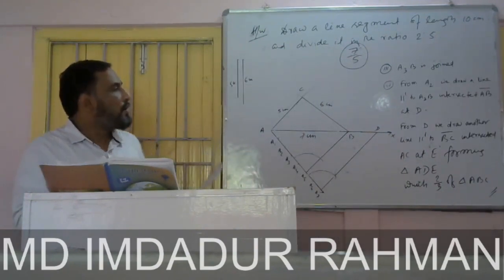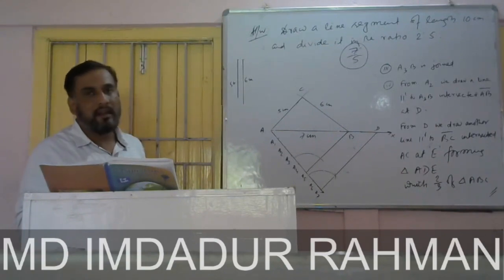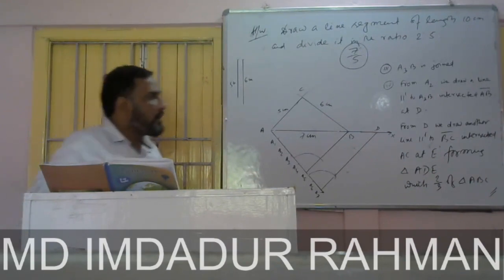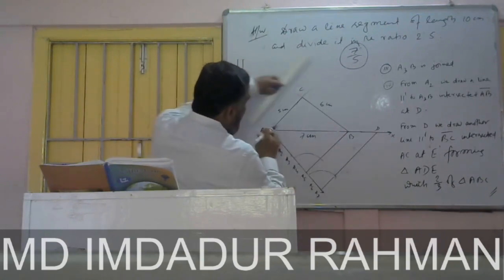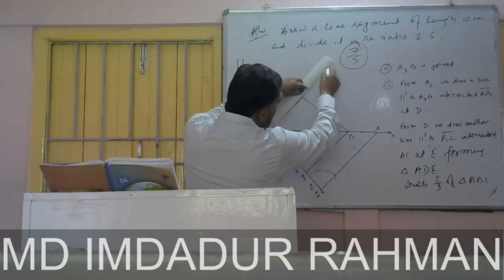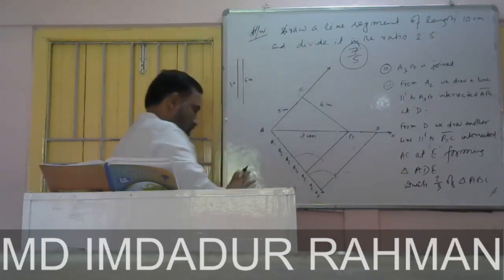Now your next step is to draw another line segment parallel to BC from D. Before that we will extend it. Okay.